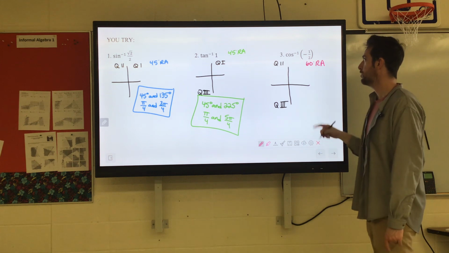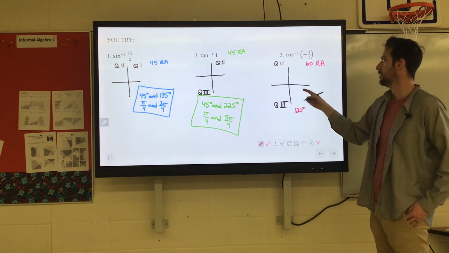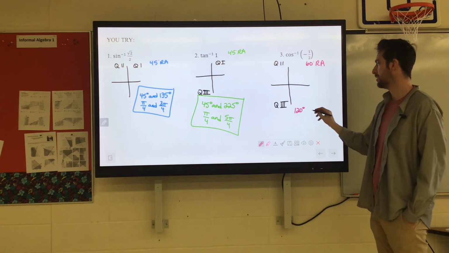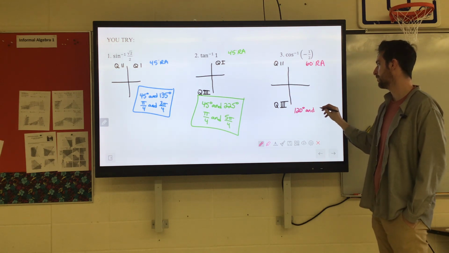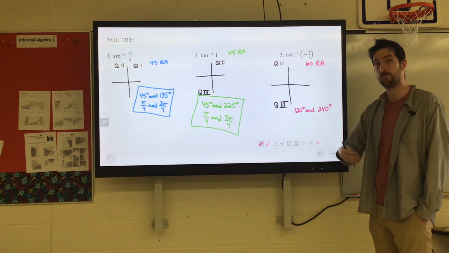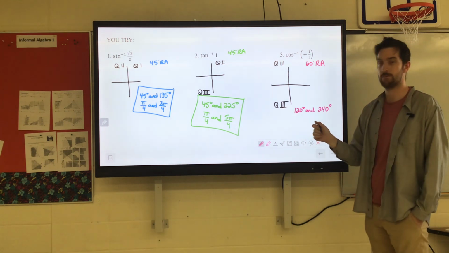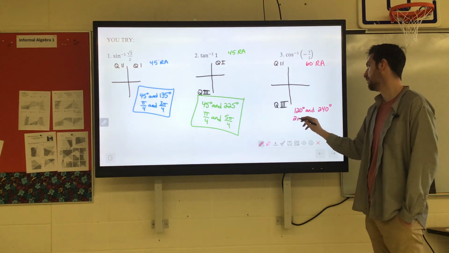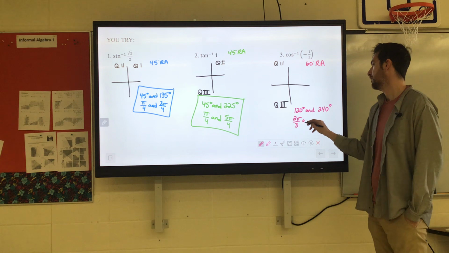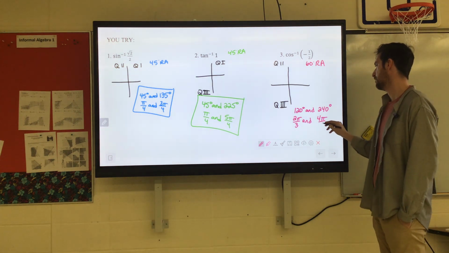So in quadrant 2, 180 minus 60 is 120. 180 plus 60 is 240. Now I know that 60 goes into 180 3 times, so it'd be pi over 3. 120 is that times 2, so 2 pi over 3. And then 240 is 4 times that, so that would be 4 pi over 3.